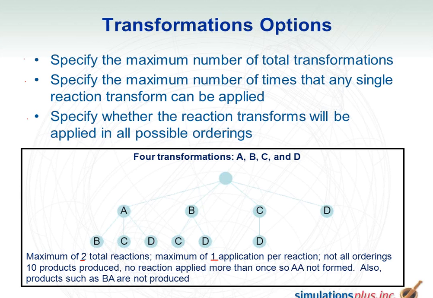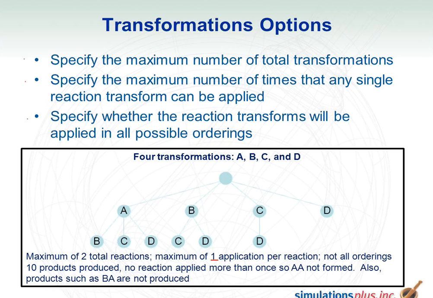In the first step, it would take this compound and produce these 4 compounds that would be transformed via A, B, C, and D. Then it would take each one of these molecules and potentially apply a secondary transformation. So you would get the molecule shown here that occurs from transforming it first via A and then transforming it via B. Now, you don't get A transformed twice because we specified a maximum of 1 application per reaction. So you also don't get BB or CC and DD, so we end up with 10 products.